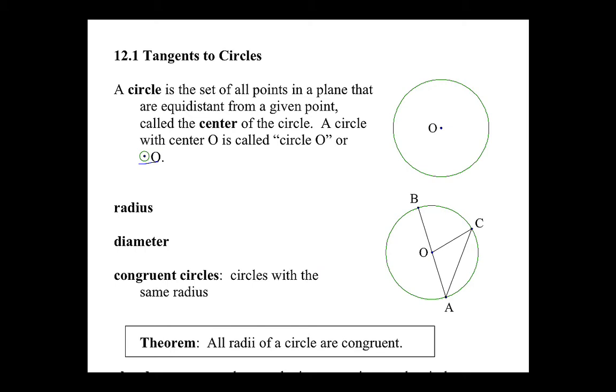So that definition says that every point on the circle is exactly the same distance away from that one point that we started with at the center. So when I draw those line segments, that's what a radius is. So a radius is the segment drawn from the center to a point on the circle.